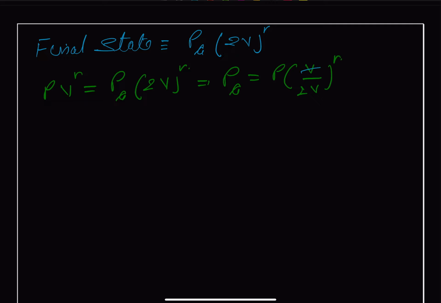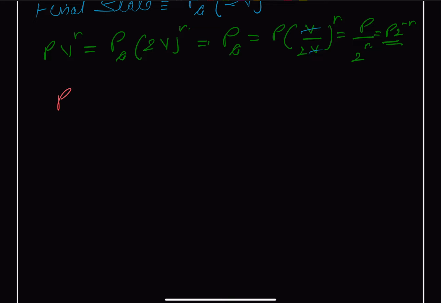V and V cancel out, therefore we get P times 2 raised to power minus gamma, or we can write this as P 2 raised to power minus gamma. Substituting gamma, we get Pa equal to P 2 raised to power minus 5 by 3. So this is the relationship between the adiabatic expansion pressure and the initial pressure.